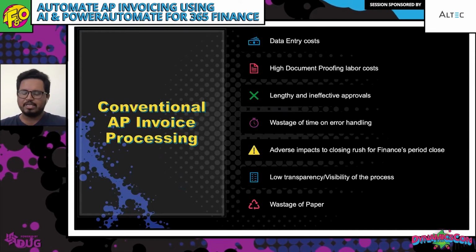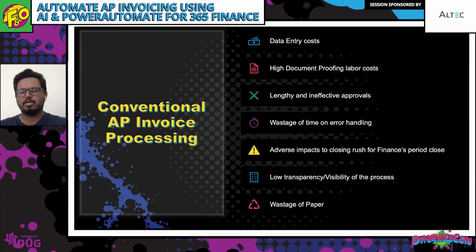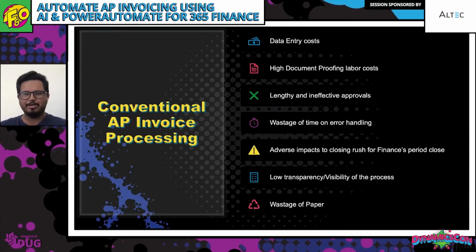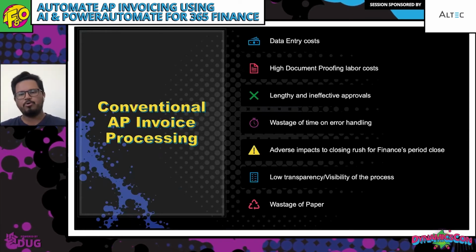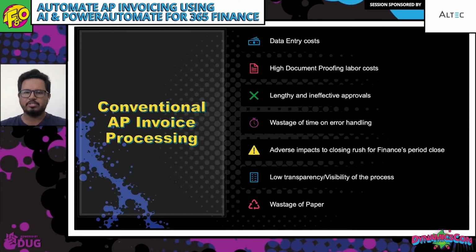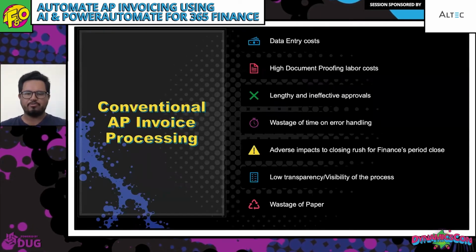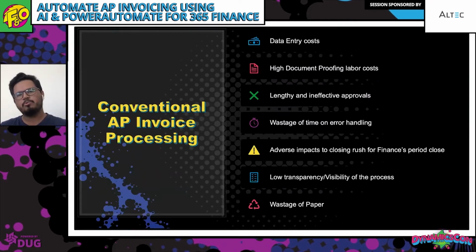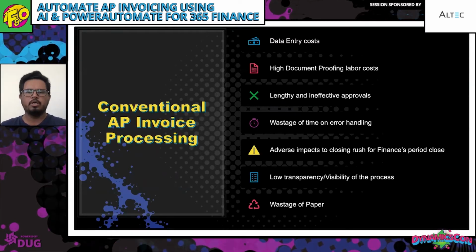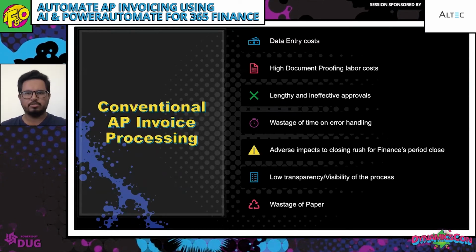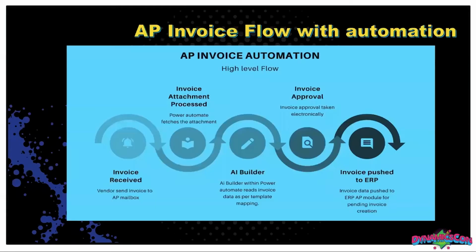If you have experience going into some of those conventional organizations, you may see dedicated rooms with piles and piles of paper just for record keeping purposes. It's not just the wastage, it's managing those things that is very hard. So these are some of the common problems. I'll touch back on these problems once I show you what our process looks like for AP automation.